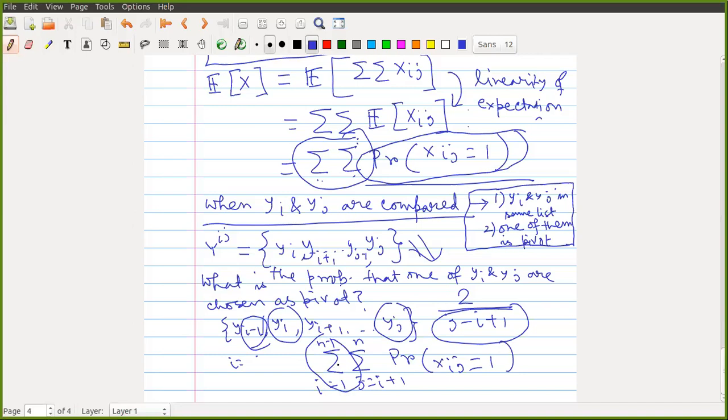Similarly, this j also belongs to some number from 1 to n, and it will also be considered in the second summation. In that case, we will also be considering the probability, right? So we are not missing any case. We are not missing any comparison, right?